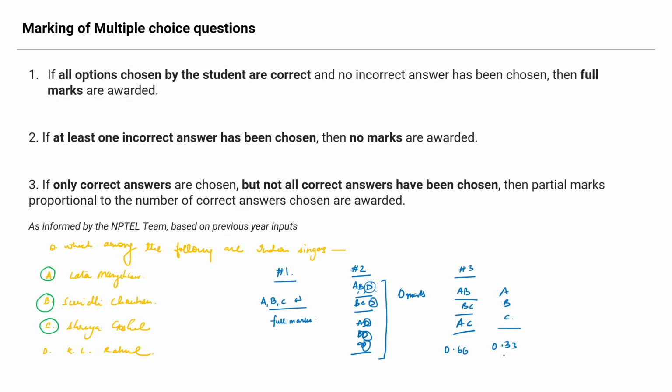Now, this is proportional to the number of correct answers you have chosen, and you might see your marks in decimal, which is because of the proportionate marking criteria, right?